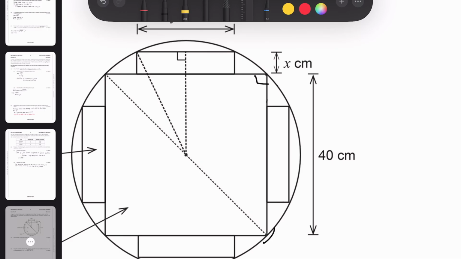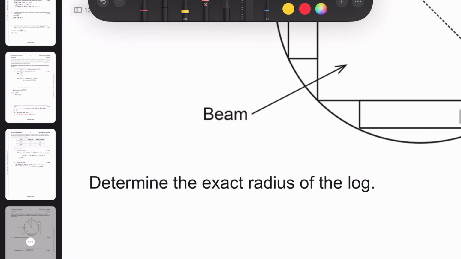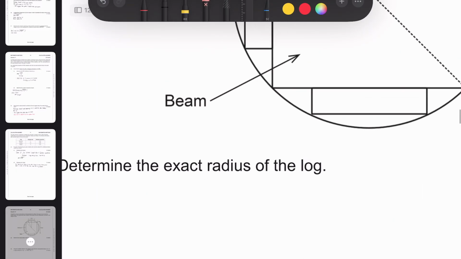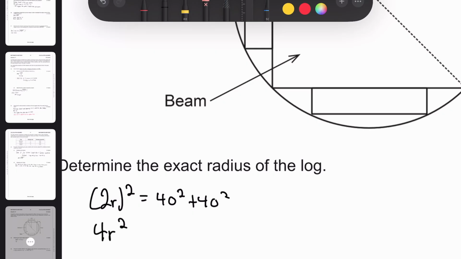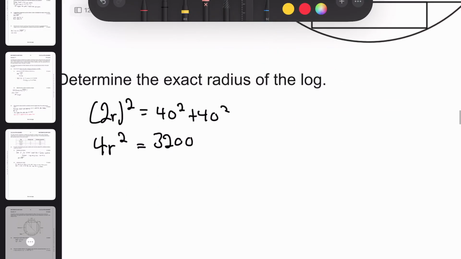So we can do some easy Pythagoras: (2r) squared is equal to 40 squared plus 40 squared. So we have 4r squared equal to 2 times 1600, which is 3200. Divide that by 4, we get 800, then square root that.